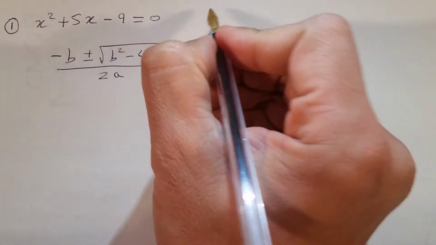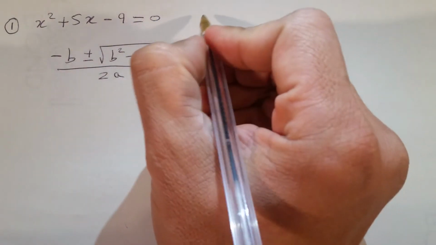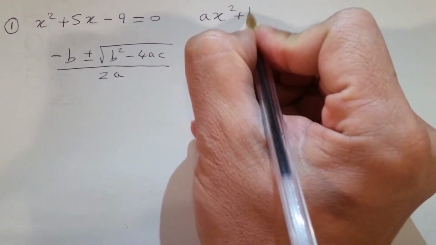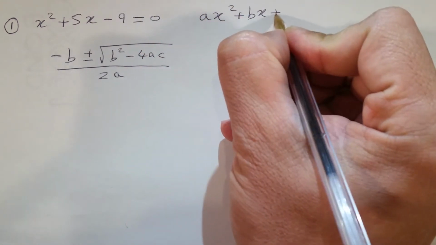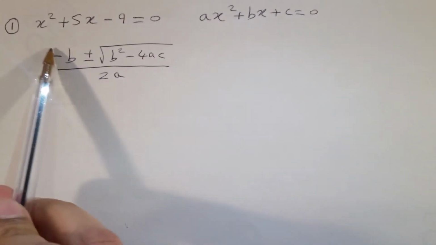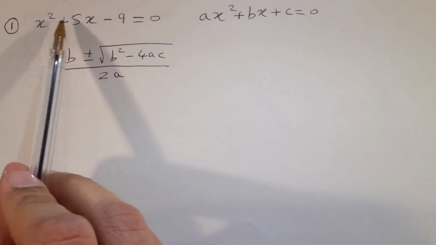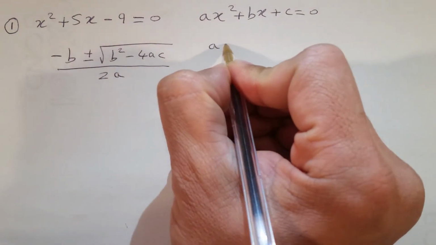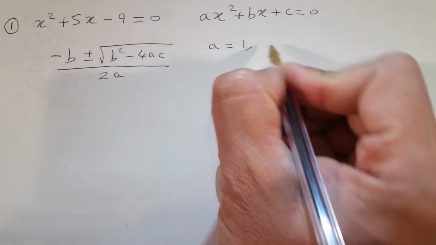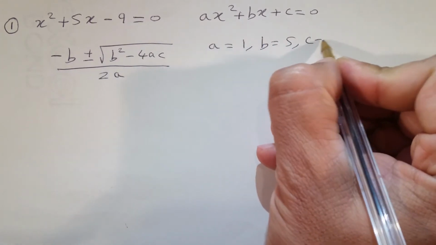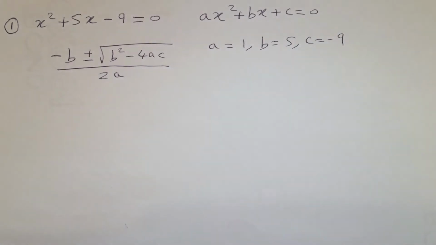This is written in the format of ax squared plus bx plus c equals 0. It means that whatever the first one is a, this is b, and this is c. So we have a equals 1, b equals 5, and c equals minus 9.